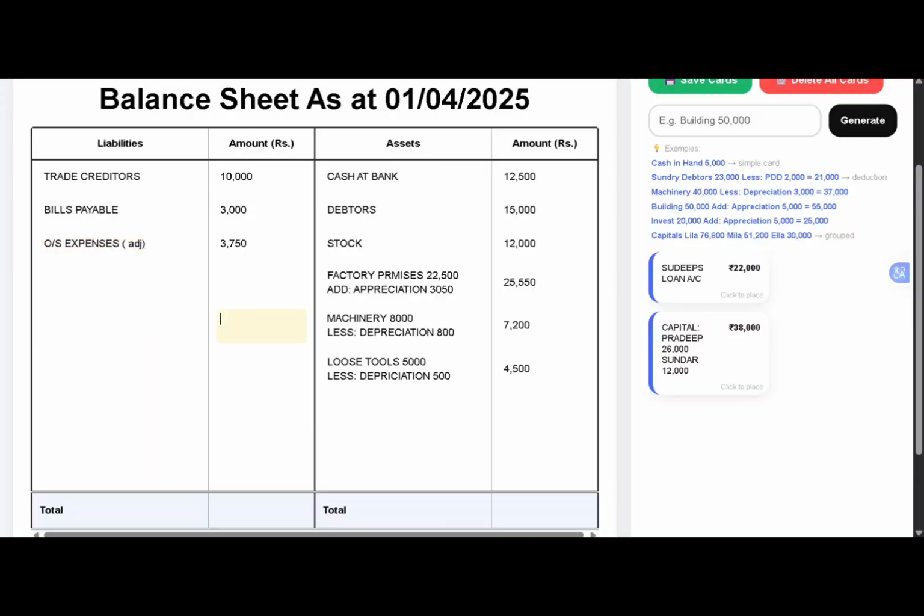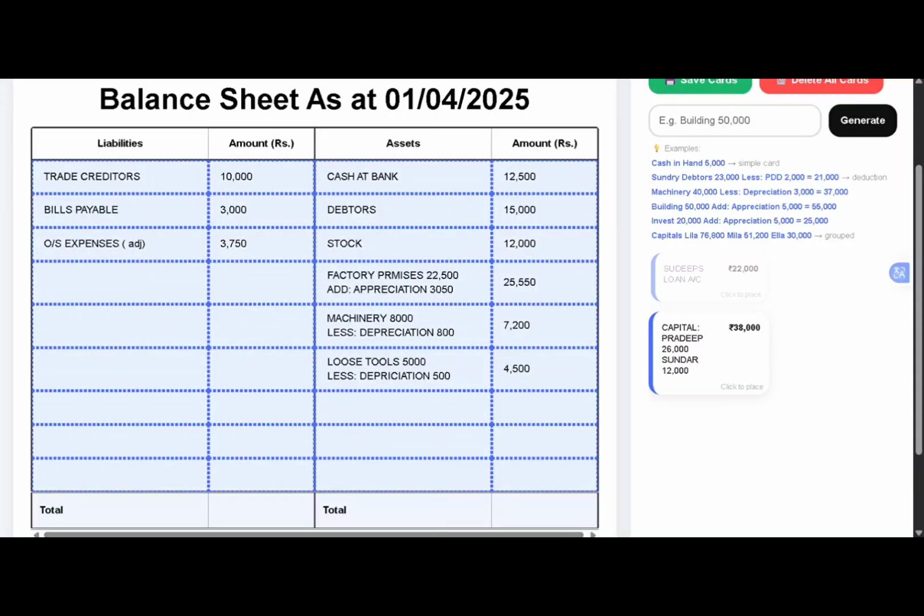So here the next liability is with regard to the retiring partner. Now the retiring partner's balance has to be brought down here as his account is not being settled. We have transferred his account to loan account. So this loan is a liability for the continuing partners. So this will appear on the liability side of the balance sheet as his account is not been settled.